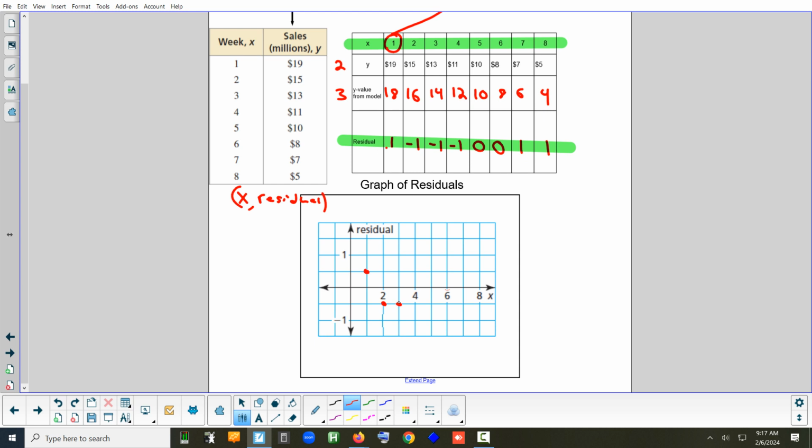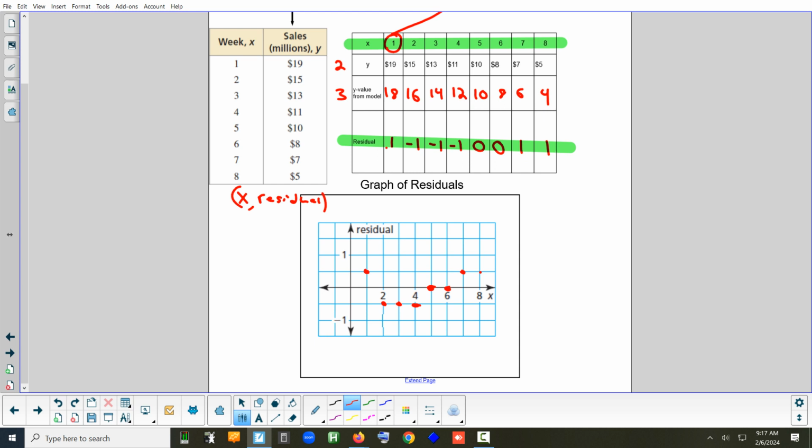What's the next point? 4, negative 1. Okay, and the next one? 5, 0. Yep. Next one? 6, 0. Okay, the next one? 7, 1. And the last one?